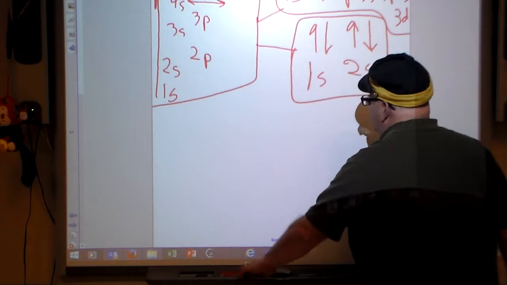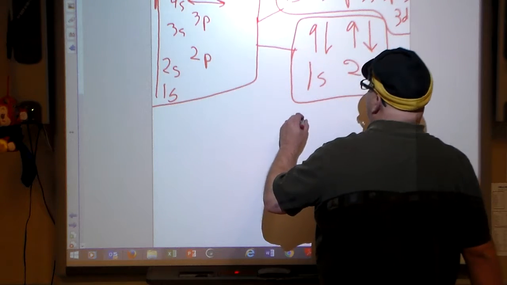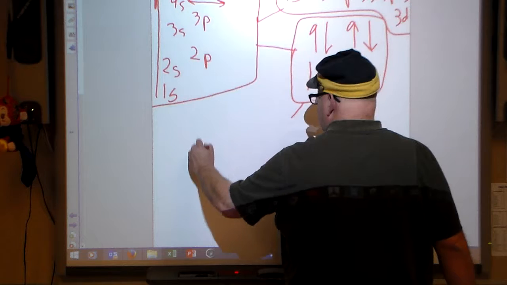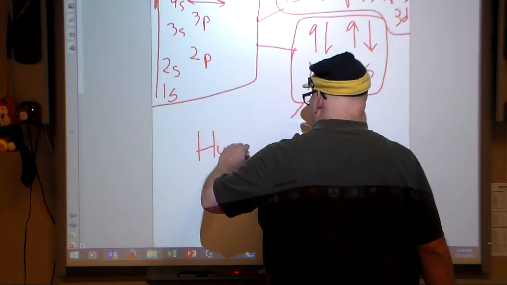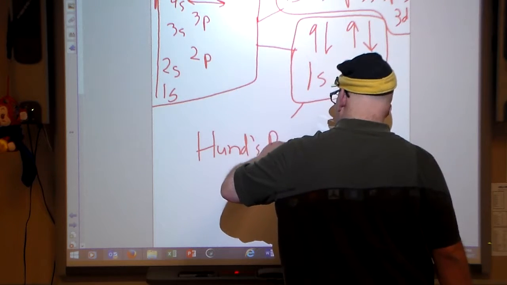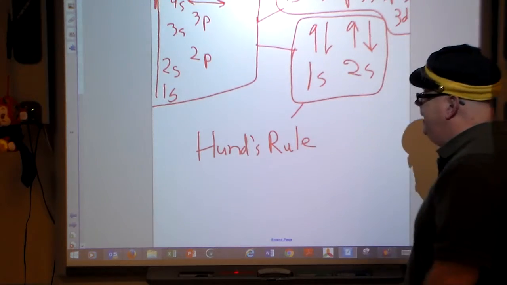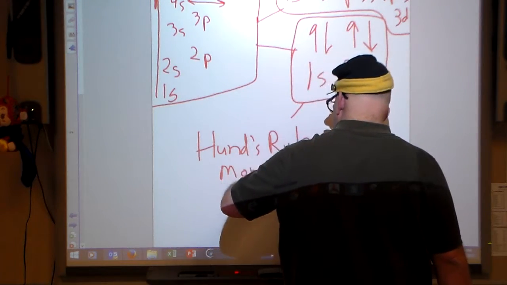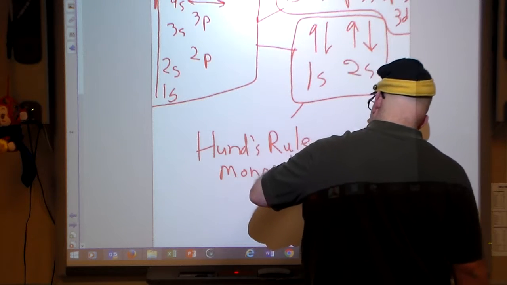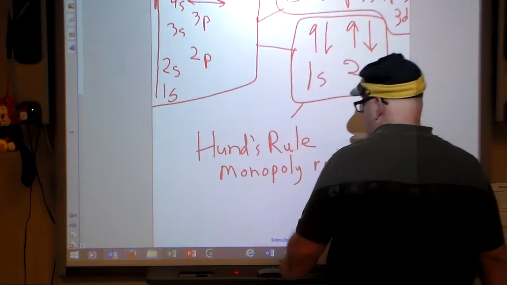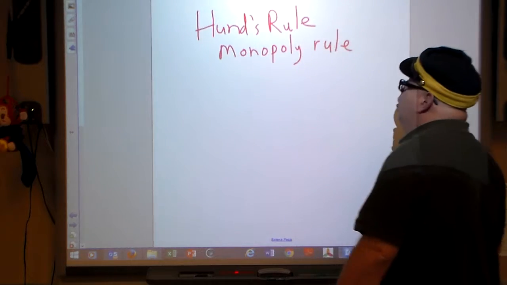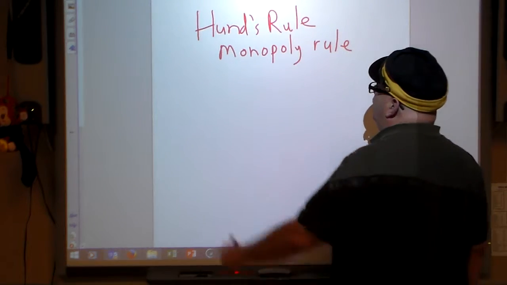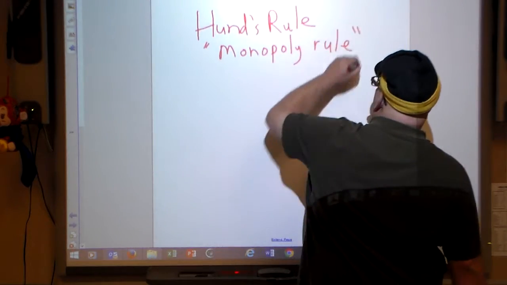Moving on here. We also have something called Hund's rule. Okay? At that point, I'm going to look at monopoly. Okay? When you're looking at Hund's rule, I call it the monopoly rule.